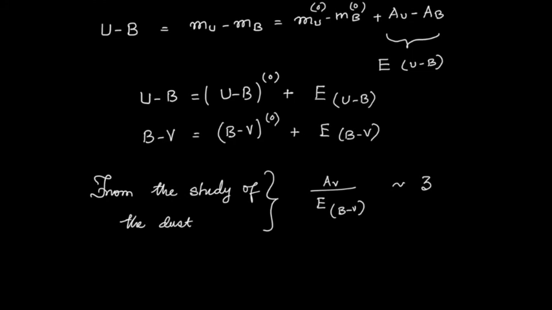It's around 3.1. And E U minus B by E B minus V is of the order of 2. So these are all properties of the dust.